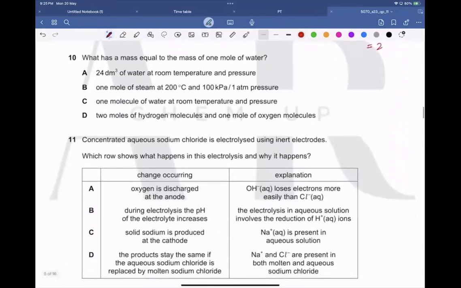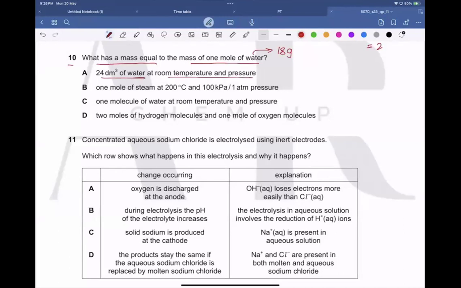Okay. Now question number 10. What has a mass equal to the mass of 1 mole of water? So 1 mole of water is 18 grams, right? 24 decimeter cube of water at room temperature and pressure.